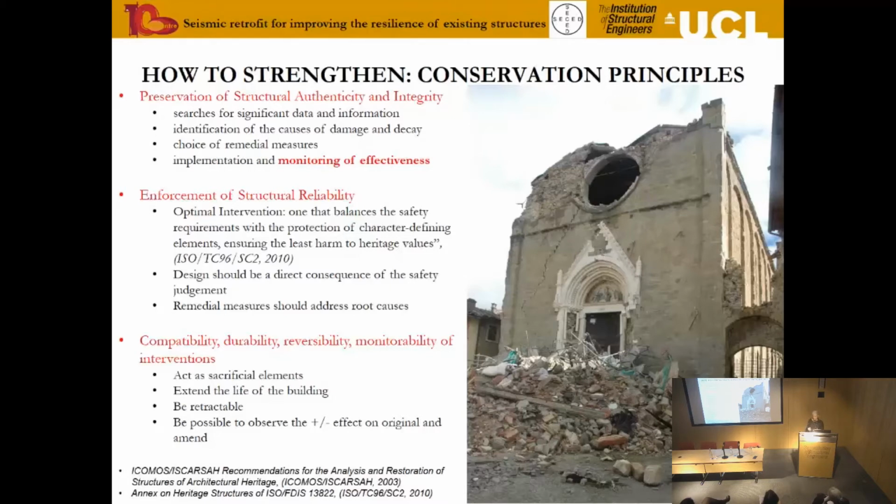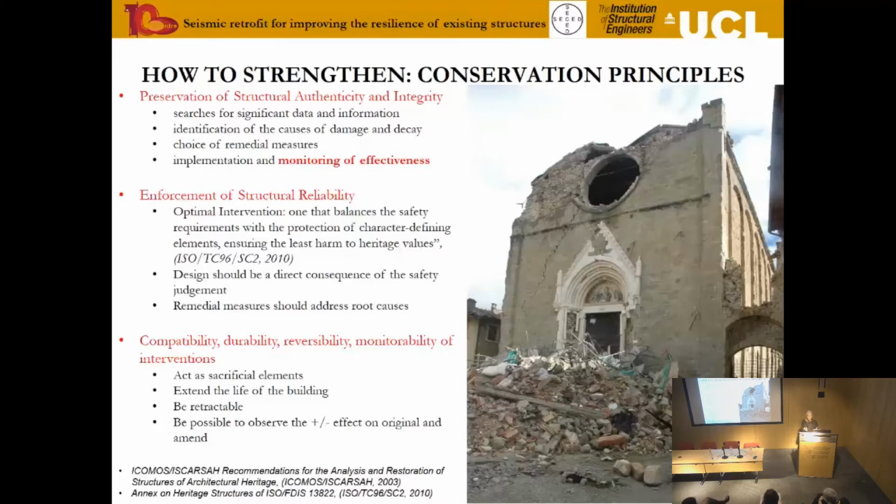There is sufficient guidance, both through conservation principles, but also through documents such as the ISO standards on the repair and retrofitting of historic buildings, which give that balance, or try to indicate what is the balance between keeping the conservation and the heritage value of the building, but ensuring life safety.